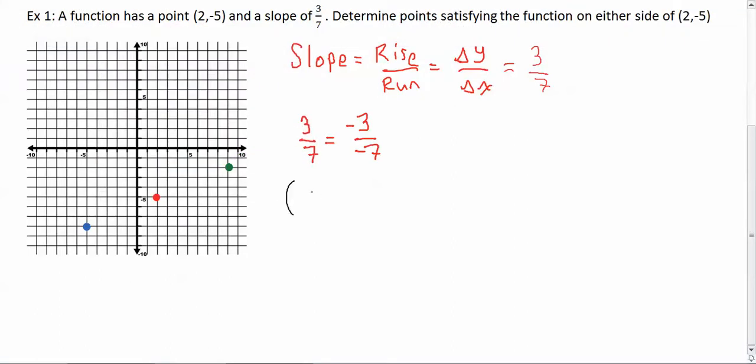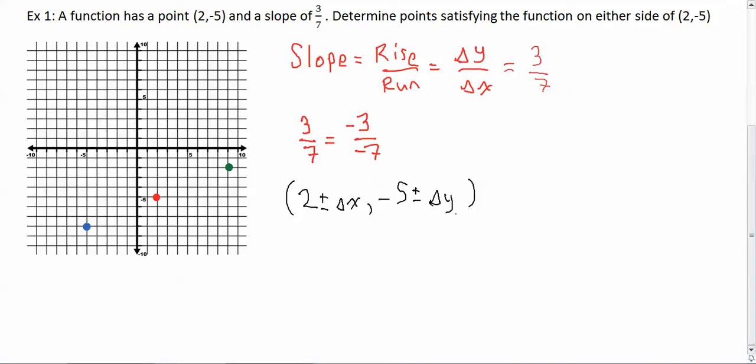So if I have, let's say, my coordinates of (2, -5). So if I have a change in x, I can either add that change or I can subtract that change. If I have a change in y, I can either add that change or subtract that change.